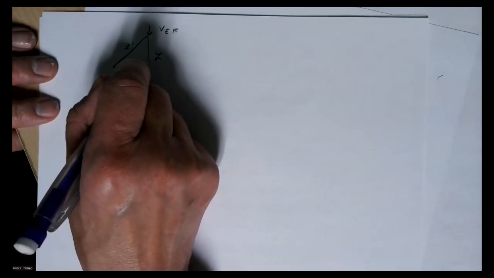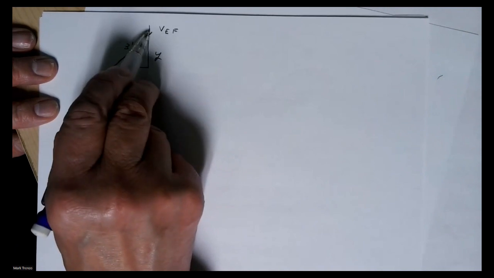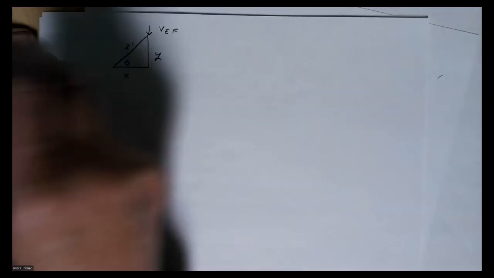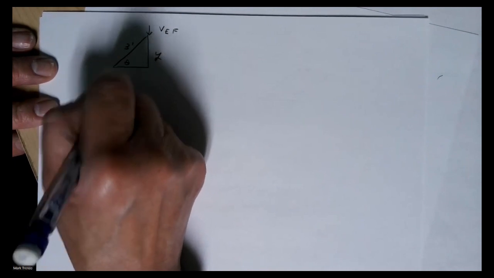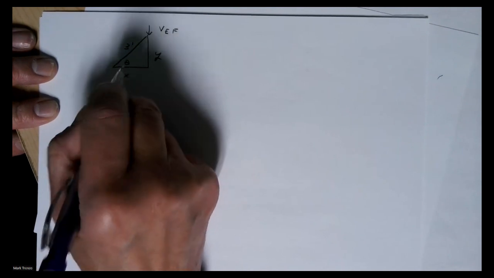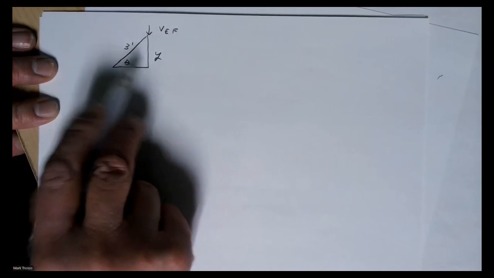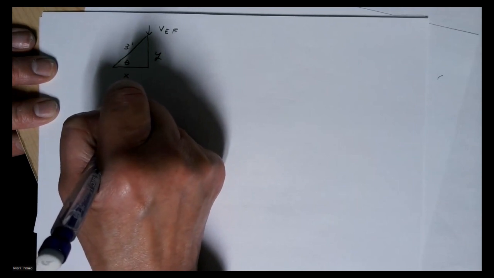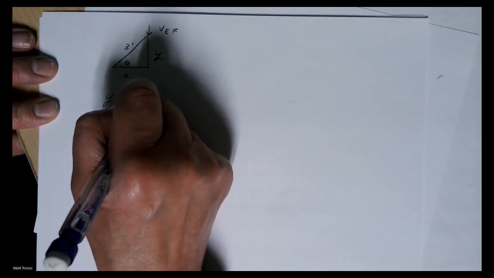And so let's see if we can relate Y, because again, whatever this is going down, Y is going to be decreasing. So again, let's relate Y to theta. Y equals, again, that's going to be sine because they're opposite. So that's going to be 3 sine theta.